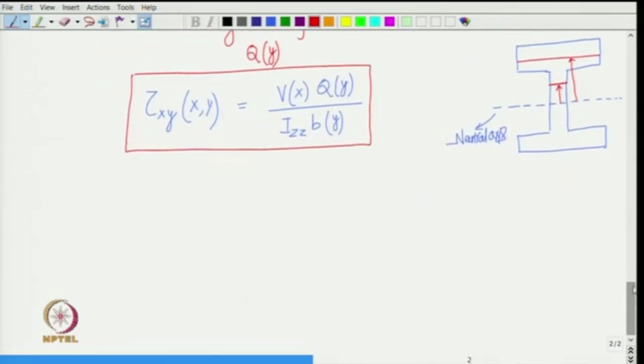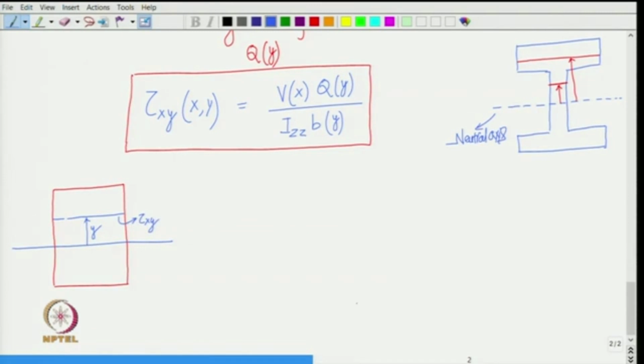All right, let us try to see how this distribution looks like for a rectangular cross section beam. So, if we have a rectangular cross section, and here is the neutral axis, and I am at a distance y, and I want to know what is tau x y on this line.